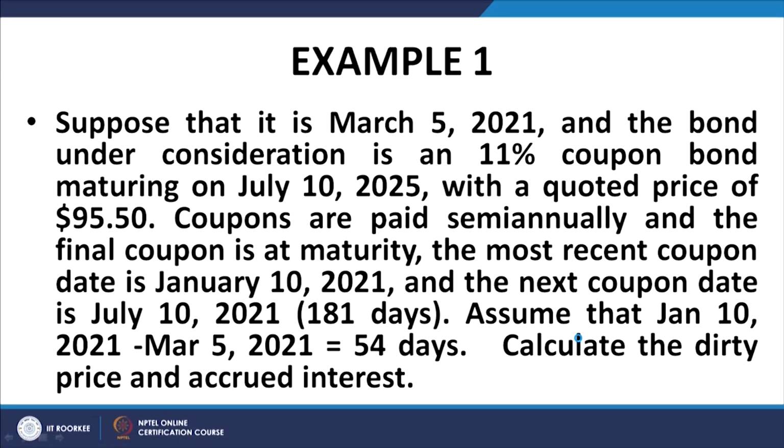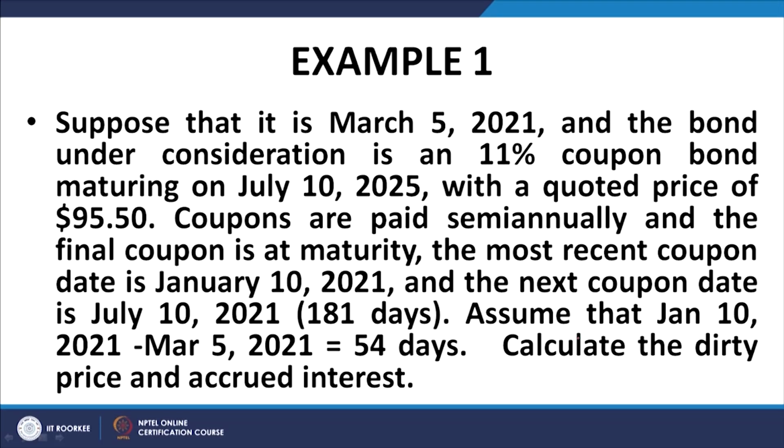The most recent coupon date is January 10, 2021 and the next coupon date is July 10, 2021. It is also given that the interval between January 10, 2021 and July 10, 2021 is equal to 181 days. Assume that the interval between January 10 and March 5, 2021 is 54 days. Calculate the dirty price and the accrued interest.